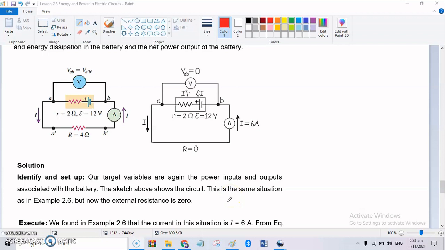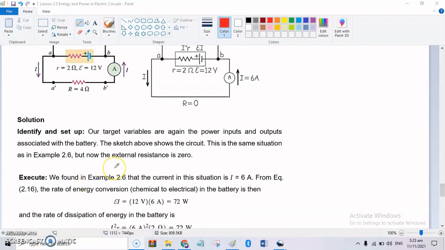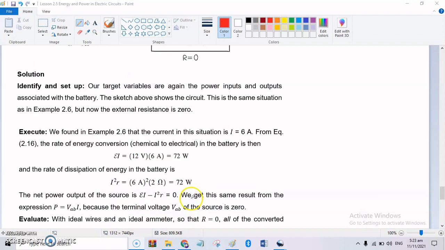This is the same situation as in example 2.6, and we found in example 2.6 that the current in the situation is I equal to 6 ampere, and from equation 2.16 the rate of energy conversion, the EMF times I, is equal to 72 watts.